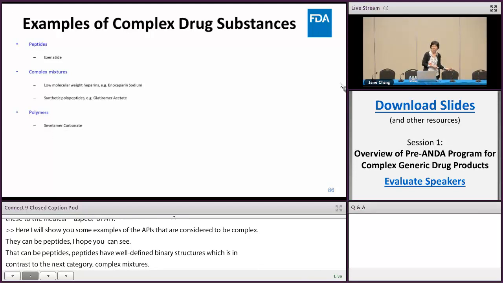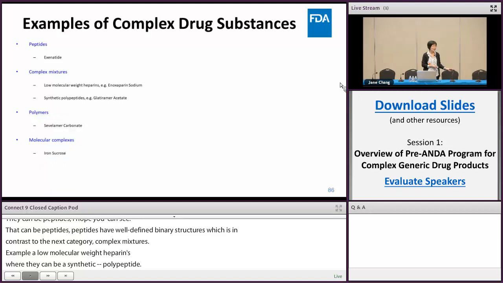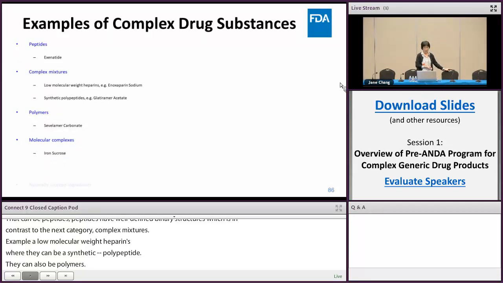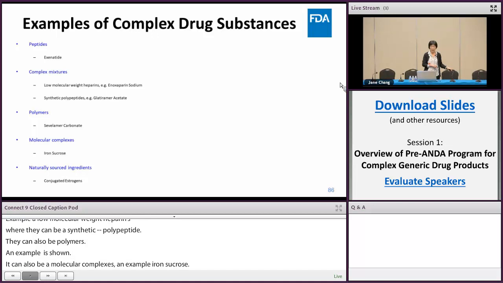They can also be polymers, for example, sevelamer carbonate, or molecular complexes, for example, iron sucrose. In addition, they can be derived from a natural source, for example, conjugated estrogens.